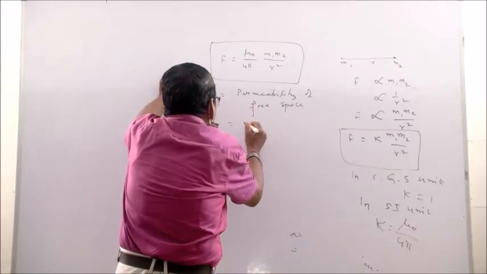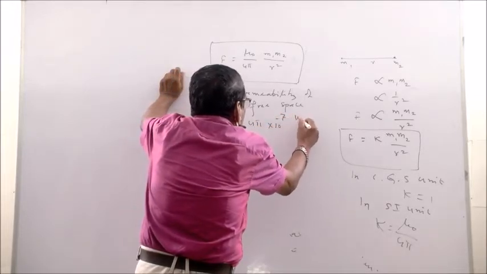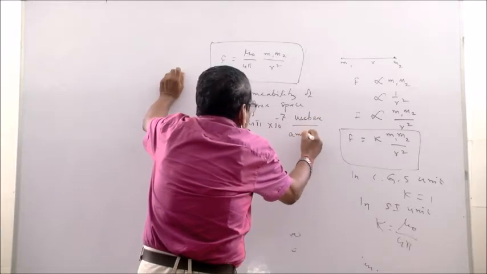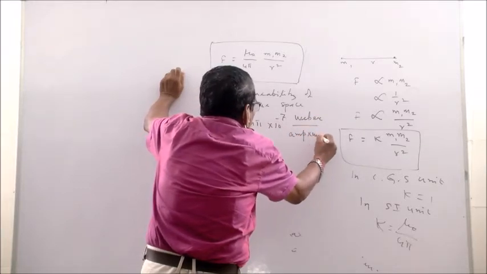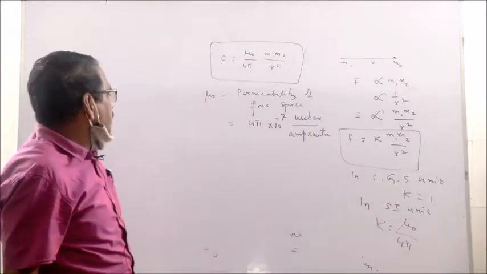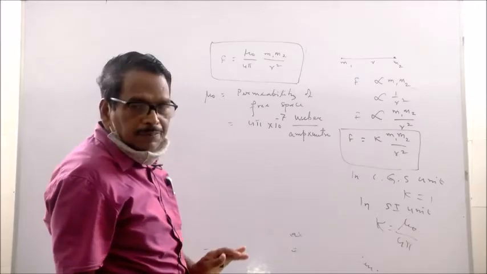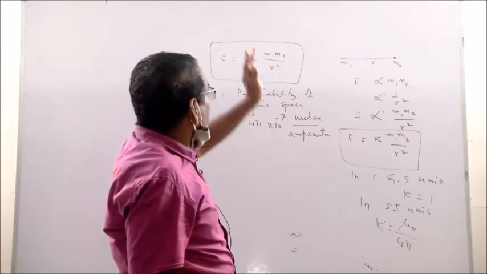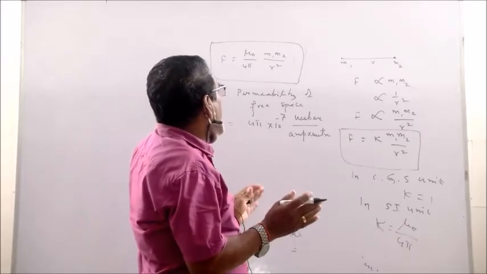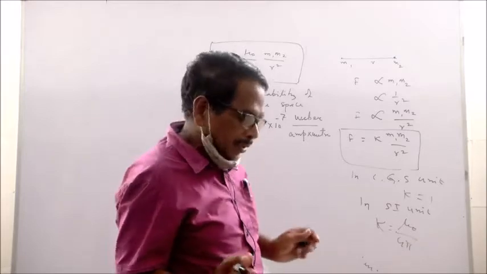So this is 4 pi into 10 to the minus 7 Weber by ampere meter. Mu 0, permeability of free space, has the value 4 pi into 10 to the minus 7 Weber by ampere meter. So this is your inverse square law of magnetism, by which two poles will attract each other or two poles will repel each other.